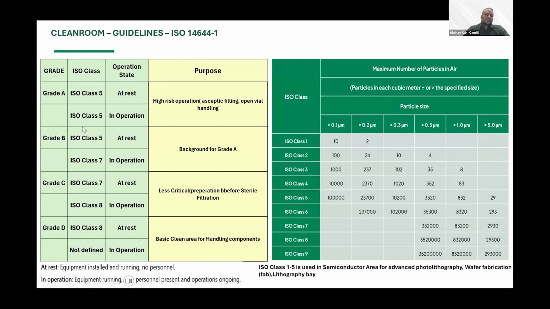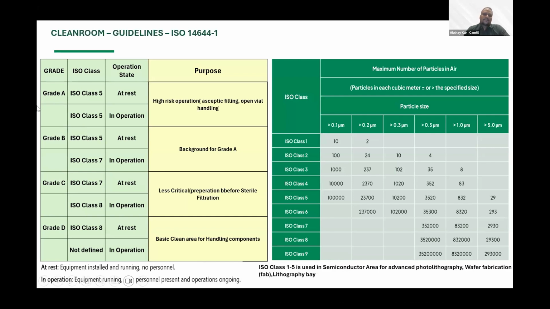To give you a brief, we have four different grades in pharmaceutical clean room application. One is grade A, which is generally considered at rest, when there is only equipment installed, no operation is going on, and there is no personnel.